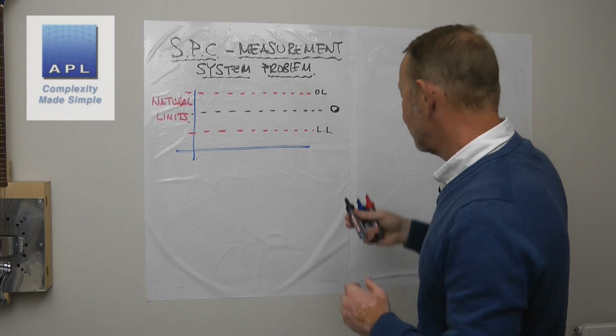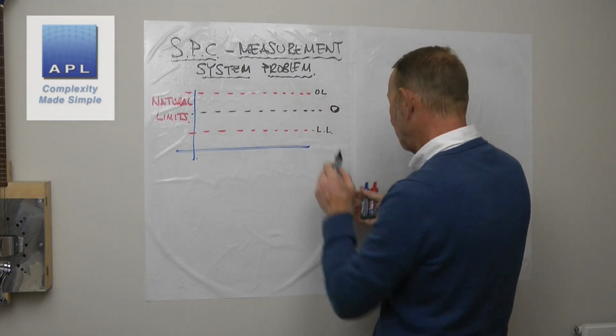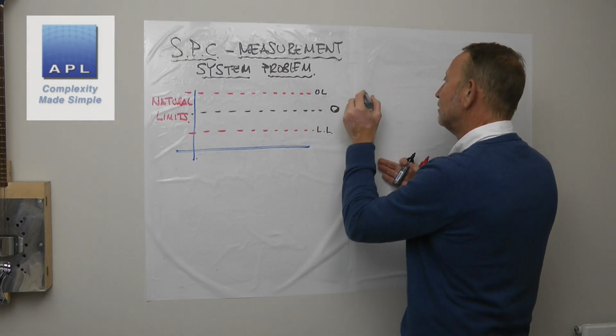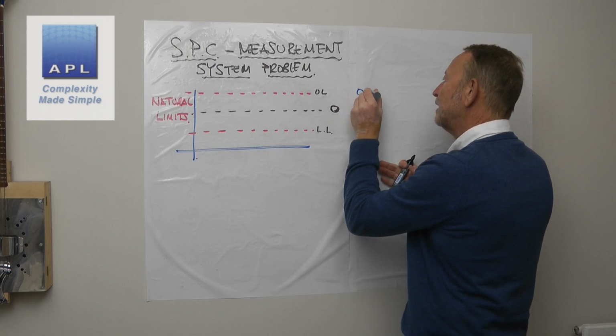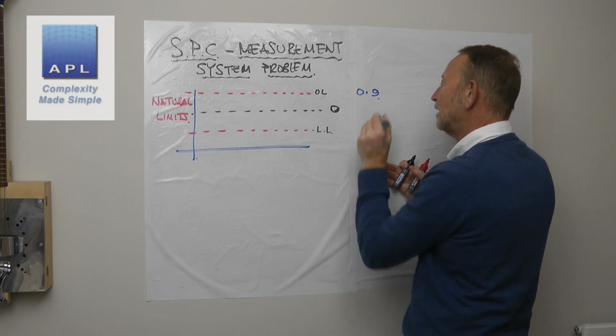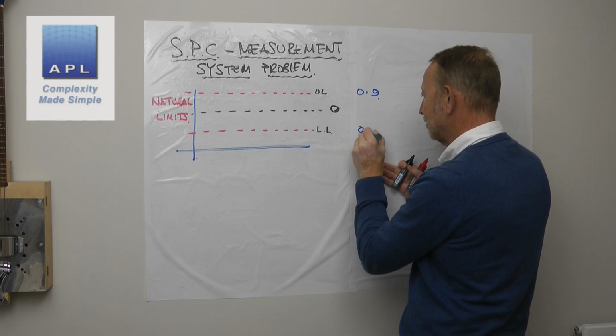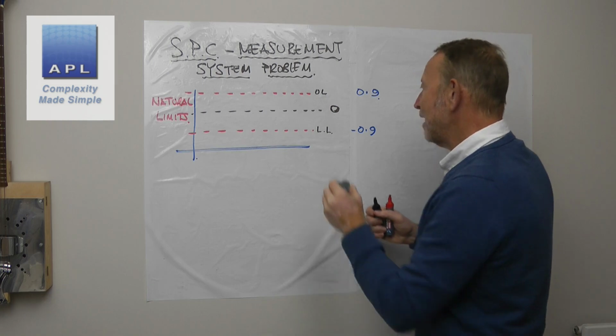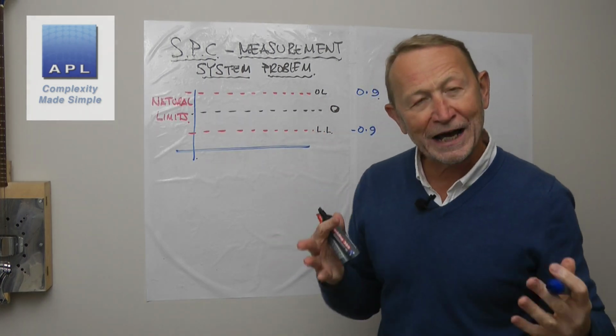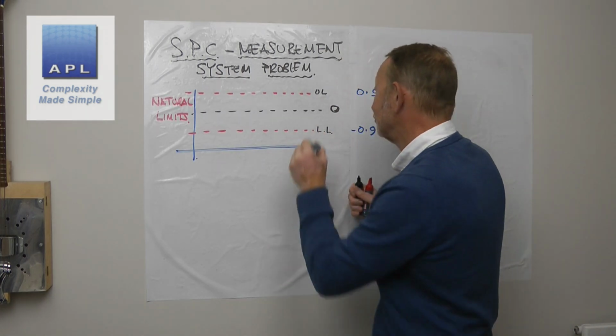But if it was stuck at 0 and the upper limit fell below 1 and the lower limit fell below 1, your measurement system can only actually be in 3 places.